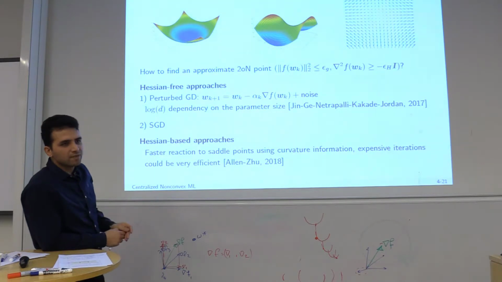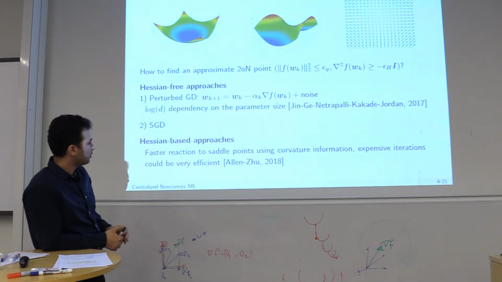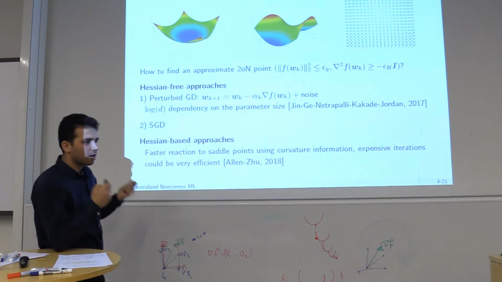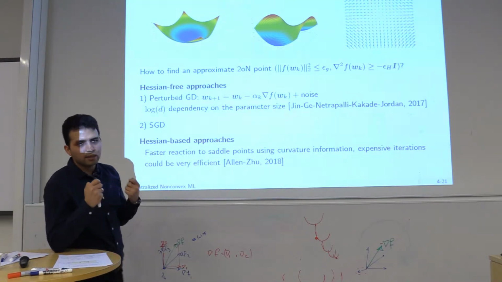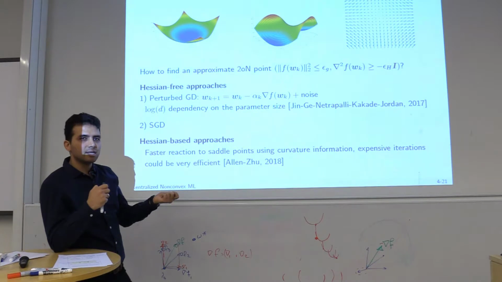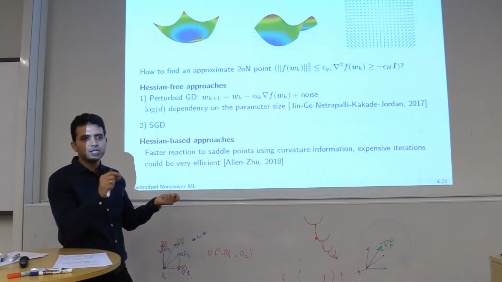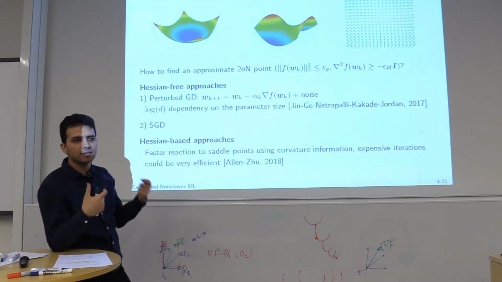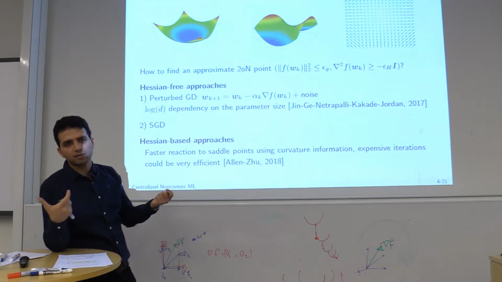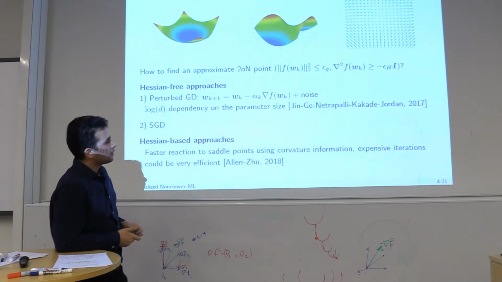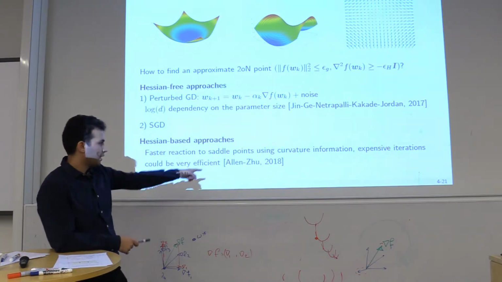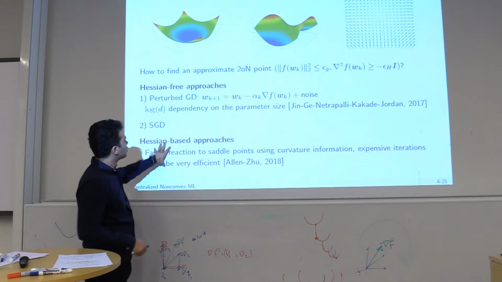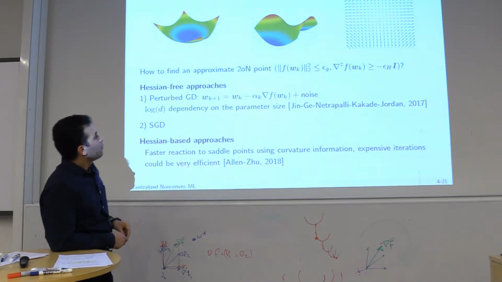They are usually expensive because you need Hessian information, but they can be very efficient in some cases if the complexity of finding the Hessian-vector product is the same as the complexity of finding the gradient, because what you need usually is not the Hessian itself, it's the Hessian-vector product. So if the complexities are the same, which you can see in some cases, then this could be much more efficient.